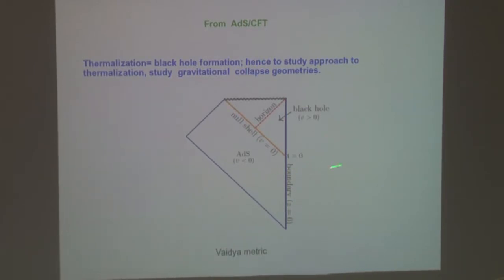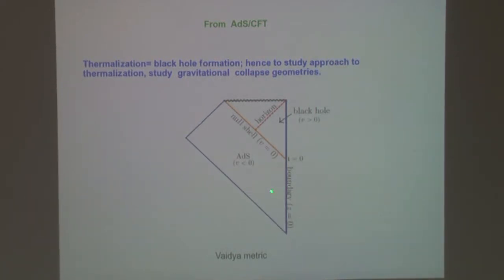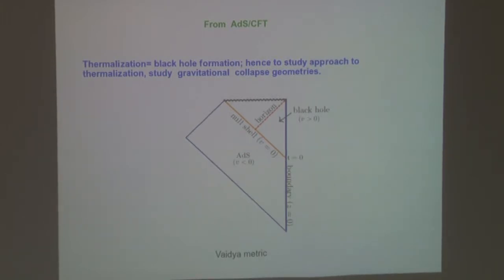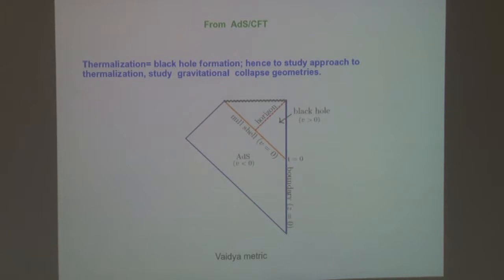If you look at a certain time slice of this and consider a subregion of the space of the CFT, then you can think of quantum entanglement of that subregion to the rest of it. And one of the quantities that defines the properties of this entanglement is the entanglement entropy. I'll come to more details of this.